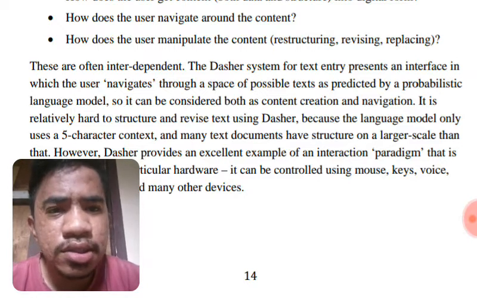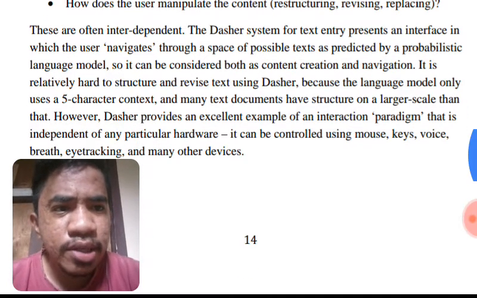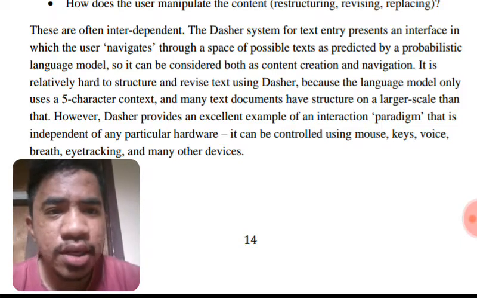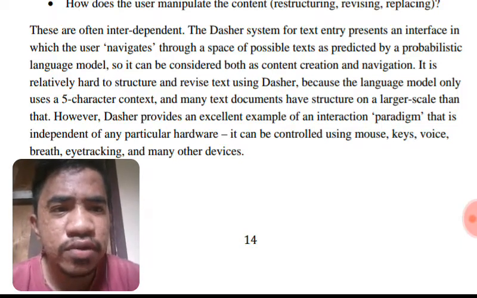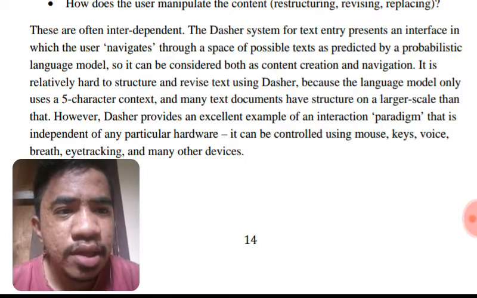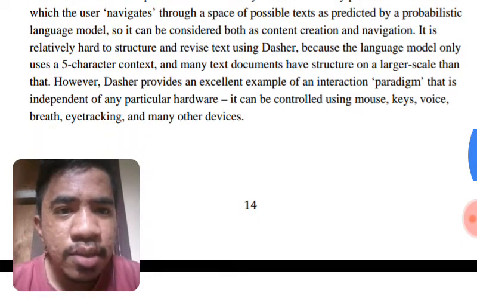It is relatively hard to structure and revise text using Dasher because the language model only uses a 5-character context, and many text documents have structure on a larger scale than that. However, this provides an excellent example of an interaction paradigm that is independent of any particular hardware.